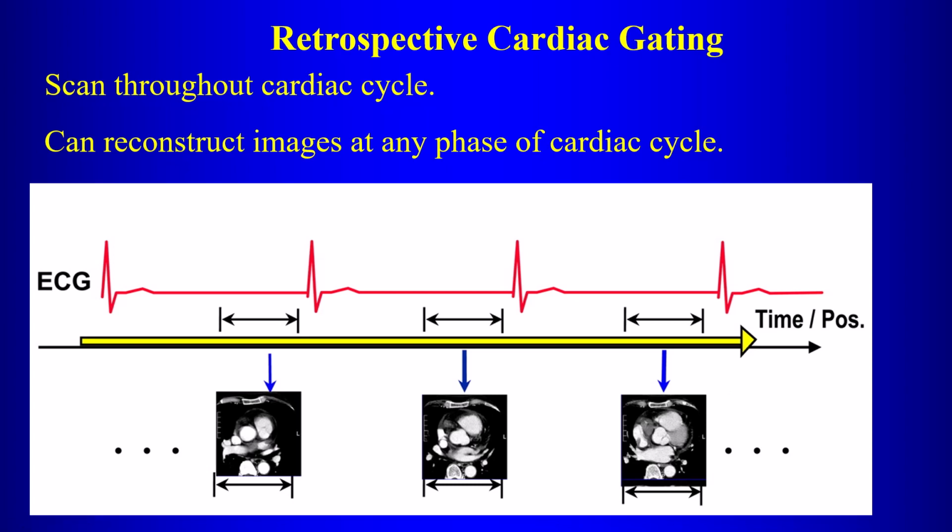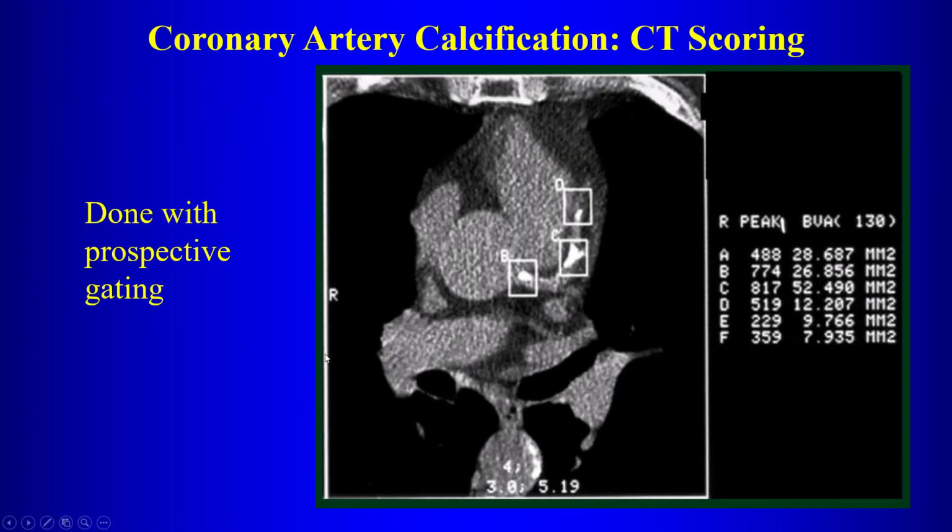Well, retrospective gating does give you a higher dose than prospective gating, so for just coronary calcium scoring, we typically use prospective cardiac gating. So coronary calcium scoring is done with prospective cardiac gating.